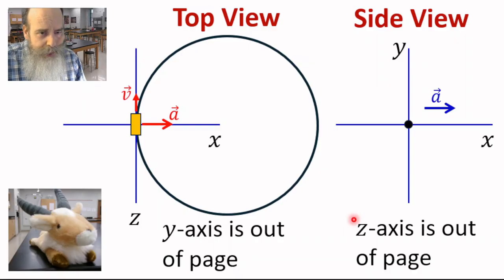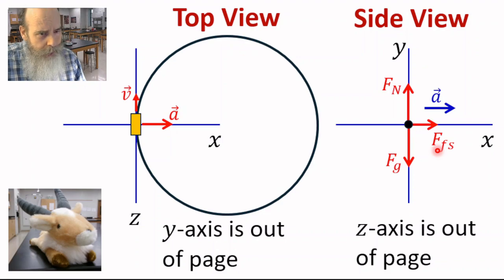It is in the positive x direction, directed towards the center of the circle. The force of gravity acts downwards, as shown here, and then we have the normal force acting upwards. That is a force which the road exerts on the car. Now, since the acceleration is directed in the positive x direction, there must be a force in the positive x direction. And that force is a force of static friction, as shown here.